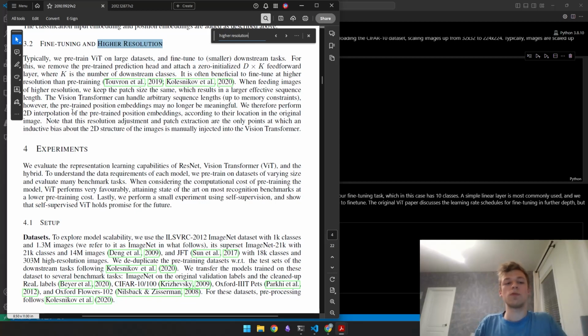So the authors suggest performing 2D interpolation of the pre-trained position embeddings to be able to embed larger images for downstream tasks. And this is where they say resolution adjustment and patch extraction are the only points at which an inductive bias is manually injected into the vision transformer.